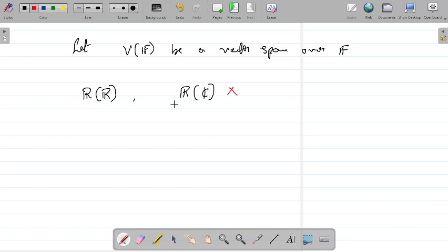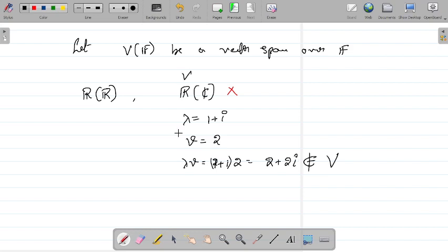Because if I take a lambda from complex numbers, that is 1 plus i, and my vector v is from R, let me take 2. So lambda times v, what I get is 1 plus i times 2. I get 2 plus 2i. So this does not belong to V, where my V is this.